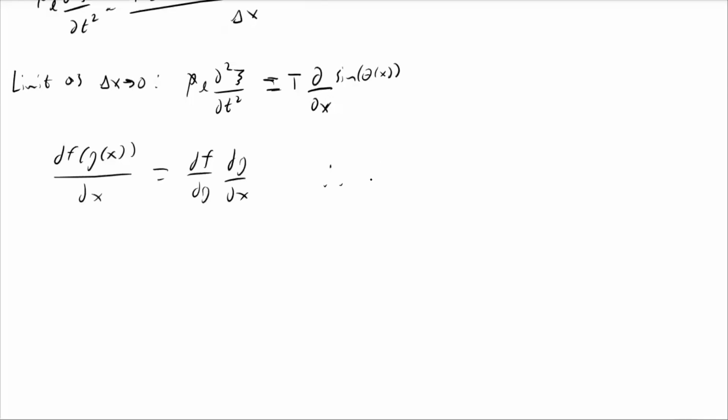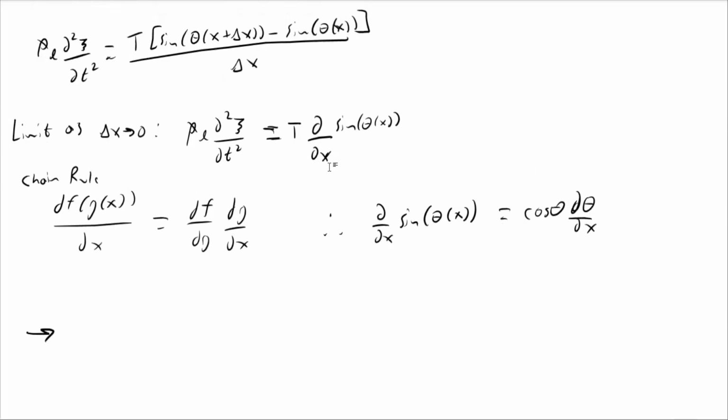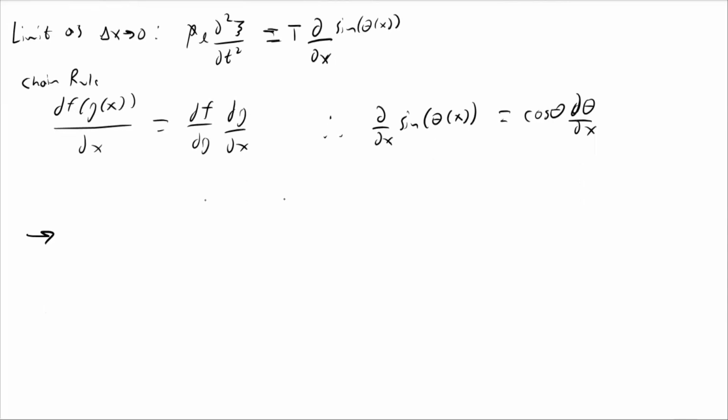Therefore, d dx sine theta of x, following the chain rule, is simply cosine theta d theta dx. So we put everything together and substitute it in, and we obtain rho sub L d2 c dt squared is equal to T cosine theta d theta dx. And I'm going to label this star.